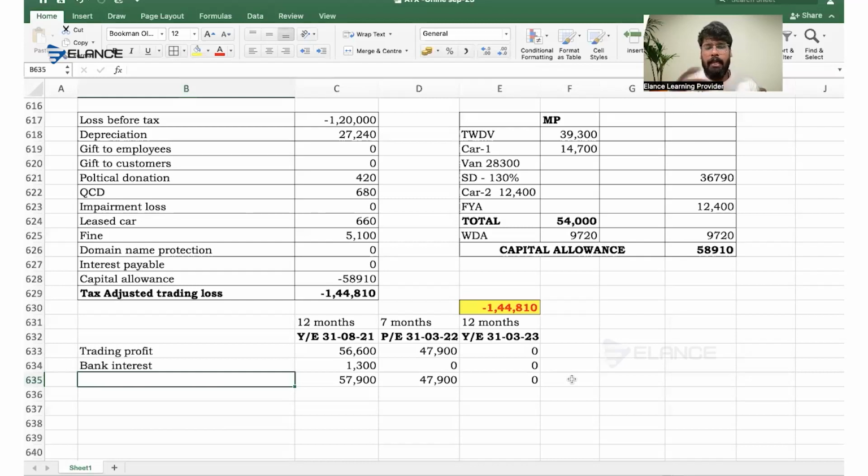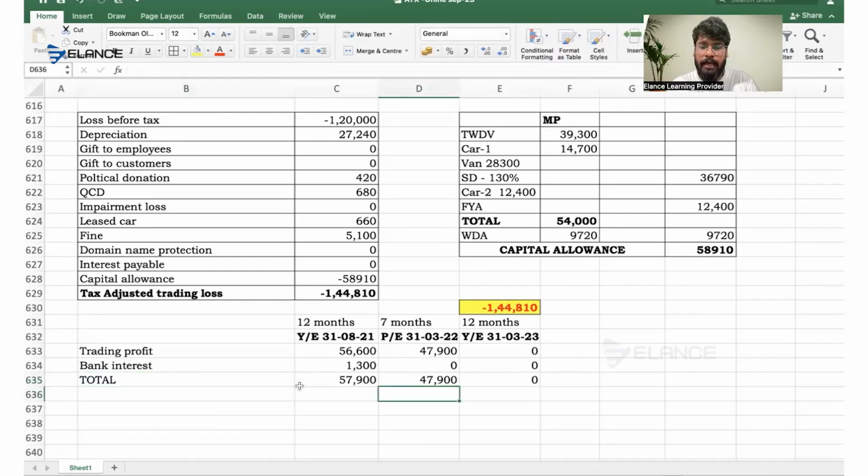When we are carrying back the loss, we can only carry back the loss to the previous 12 months. Here, the previous accounting period's duration is only 7 months. So there was a total profit of 47,900, and we can set off the whole amount.